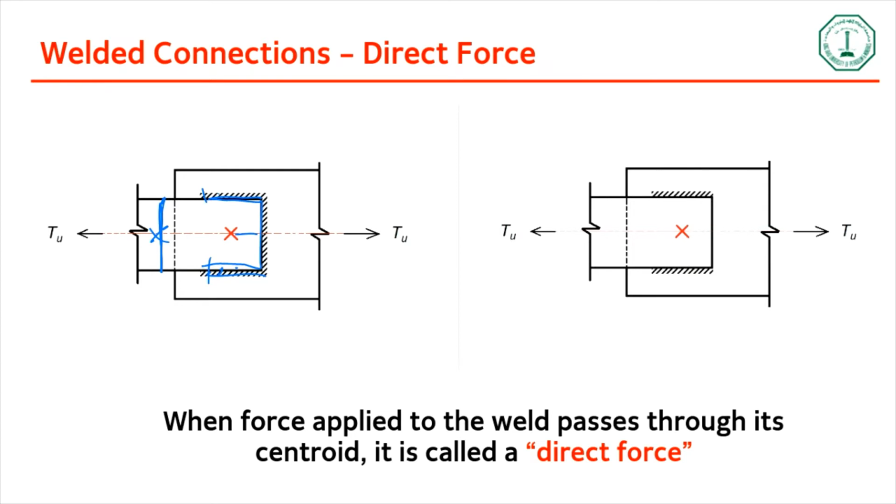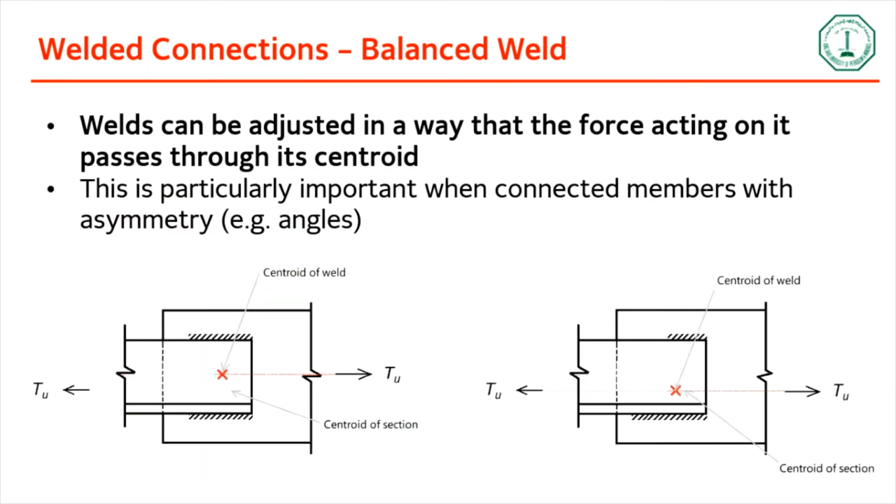Suppose you have connected an angle. So that is when the idea of balanced connection comes into the picture. For example, you can take a look at this picture. You see that the centroid of an angle is never at the center because of the material on this side.